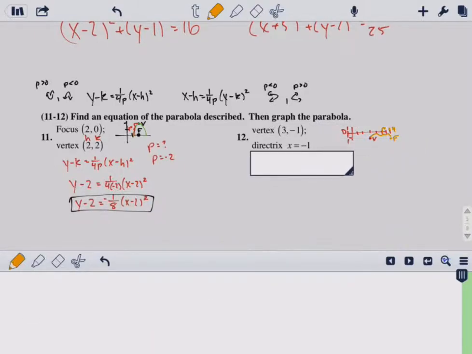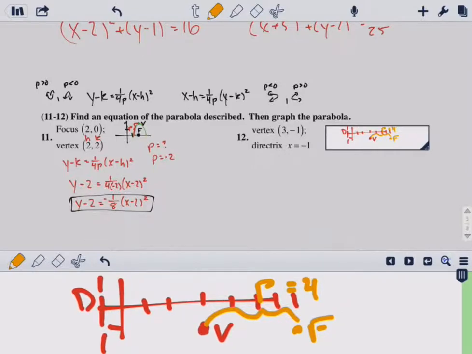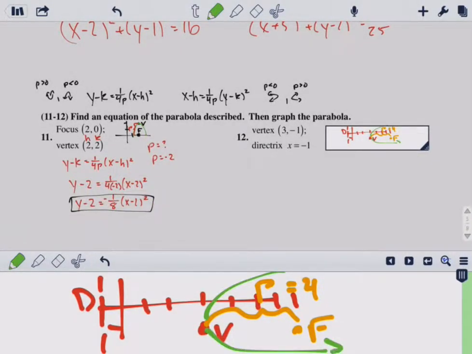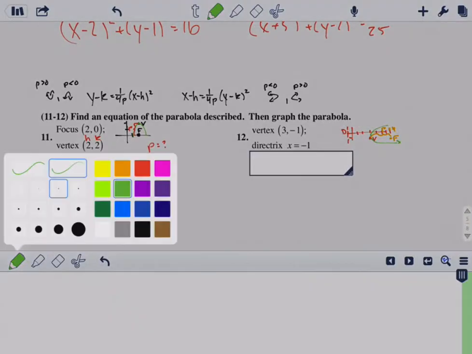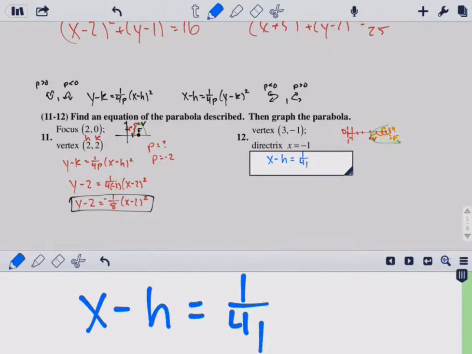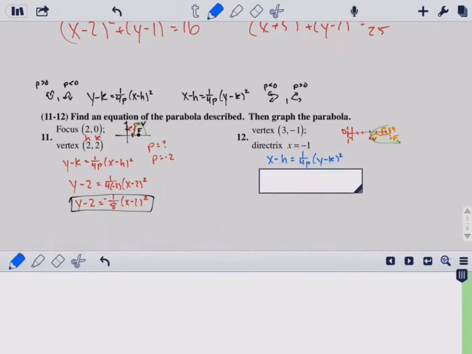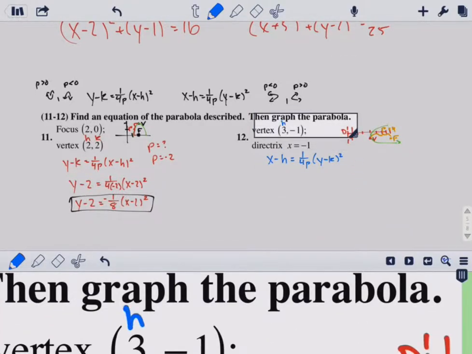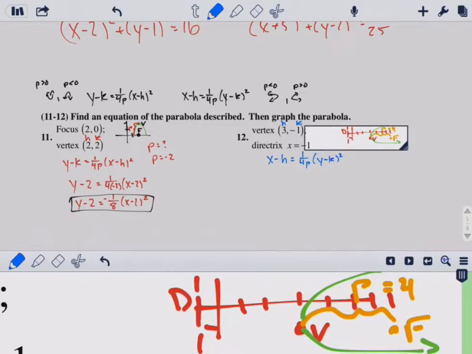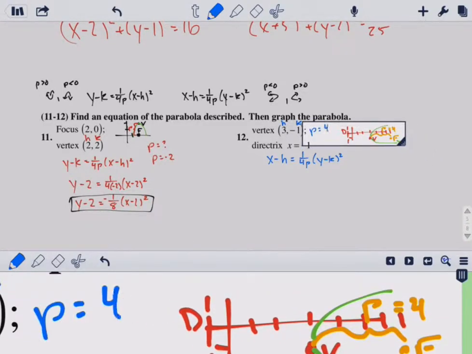Okay, so it opens which way? It opens towards the focus. So it opens that way, so that narrows down which equation we're using. It opens to the right. So that's x minus h is equal to 1 over 4p times y minus k squared. And h, k, and p I found over here. P is equal to 4.